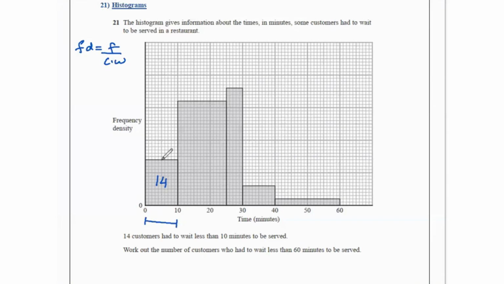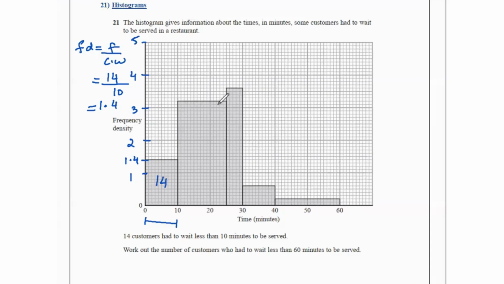Using the first bar, the frequency is 14 and the class width is 10, so frequency density is 1.4, which means over here, this is 1.4. So if this is 1.4, that means over here this was 1, this is going to be 2, this is 3, this is 4, and this is 5. By using just one value, we can figure out the scale of the y-axis.